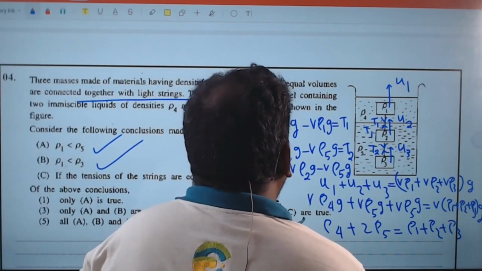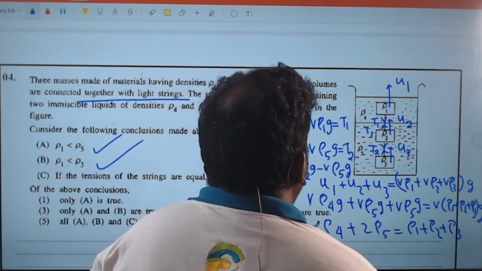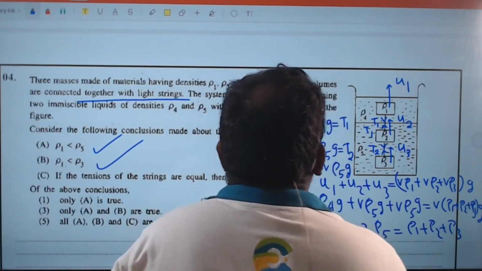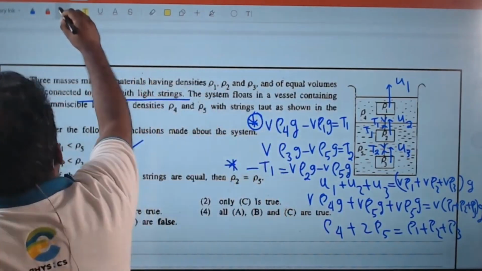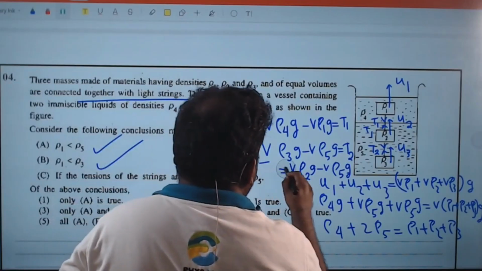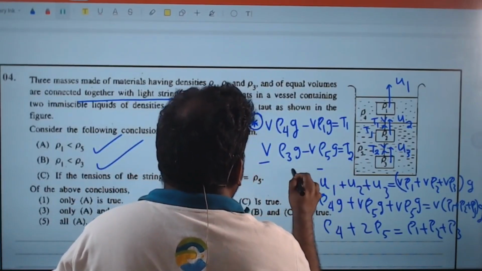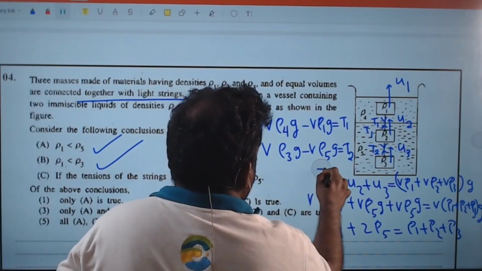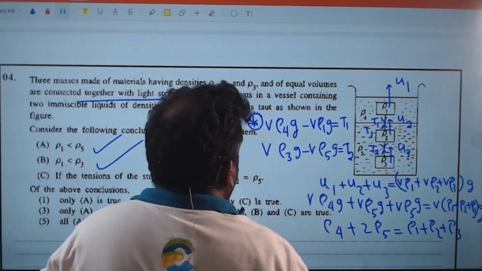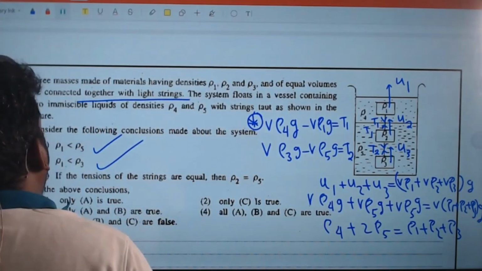T1 is there. So this one is there. Right. Tensions are equal.